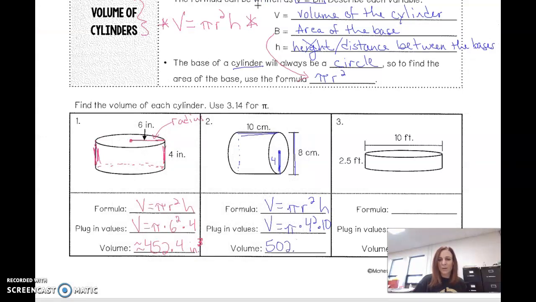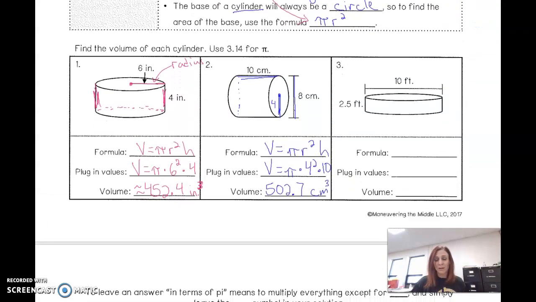It doesn't say where to round, so I'm not too concerned. We just want to make sure it makes sense. Don't always just round to the nearest whole number; rounding to the nearest tenth is a good idea. And these again are cubic centimeters. I'm not going to stress about it, but we really should be labeling these. Okay, let's look at one more example.